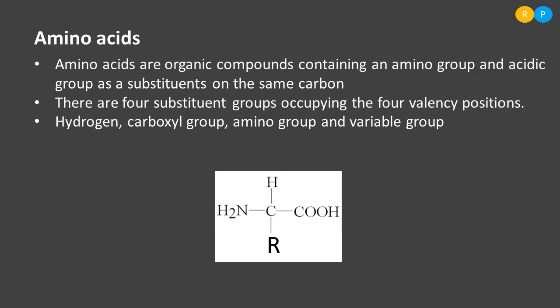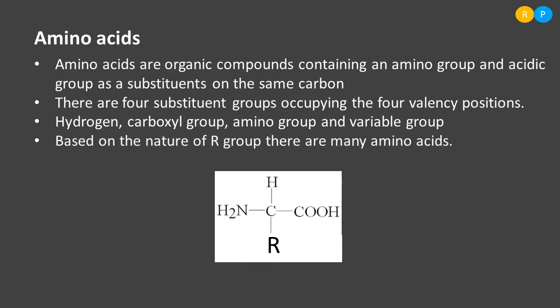Understood? So the 20 different types of amino acids consist of the same substituents, that means the amino group, carboxyl group and H will be the same, and they differ only based on the kind of variable group they have. The variable group is not the same in all amino acids. Based on what substituent is present in the variable group, we can divide amino acids into different types, right?